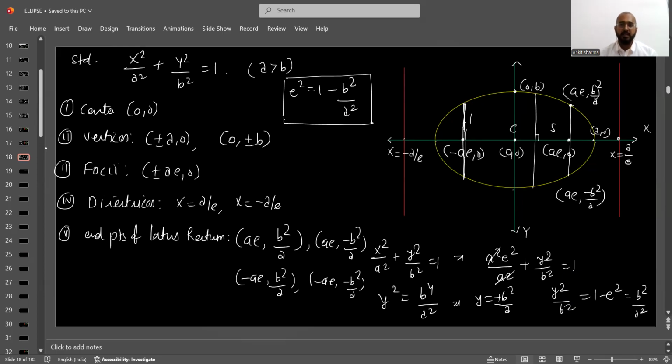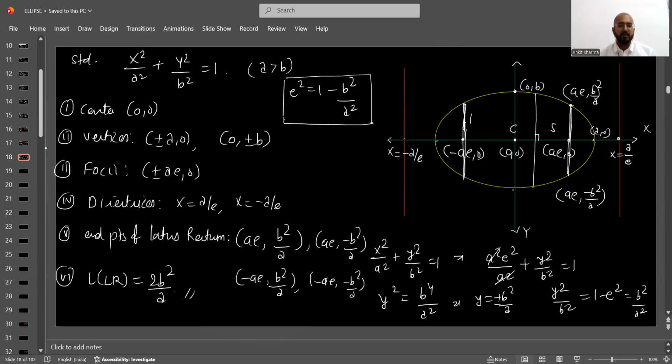So these are my endpoints of the latus rectum. And then we get the length of the latus rectum. So the length is this distance, which is b square over a, and similarly b square over a here. So we can just add these two, and I get 2 times b square over a.